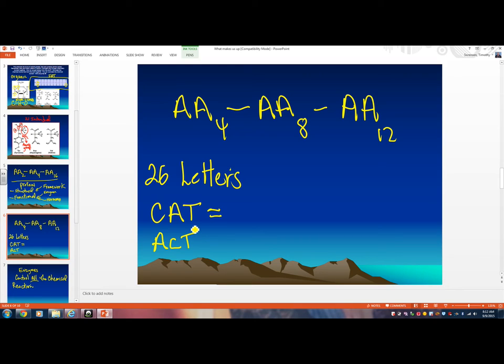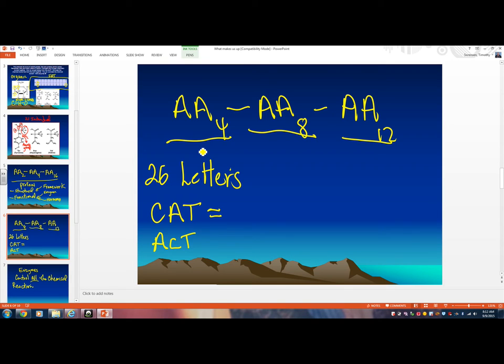So letters make words, and individual amino acids strung together make proteins. Not only are the individual amino acids that get chemically bonded together important, it is the sequence in which you put them together that ultimately determines the protein that you make.